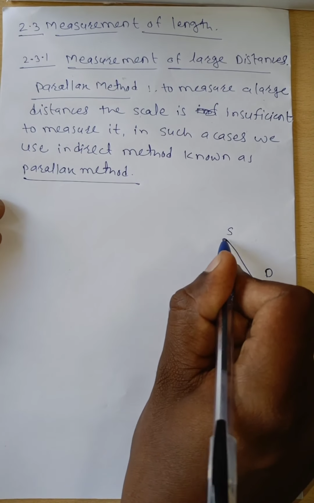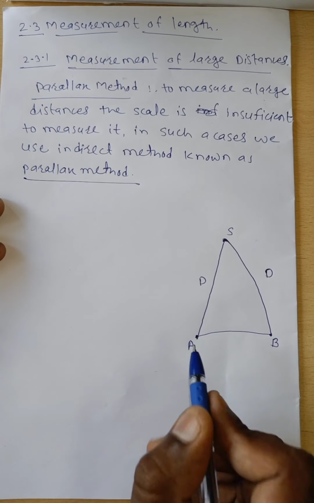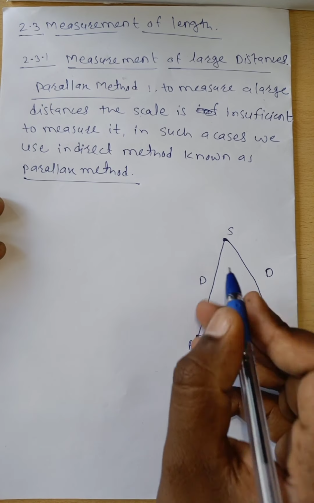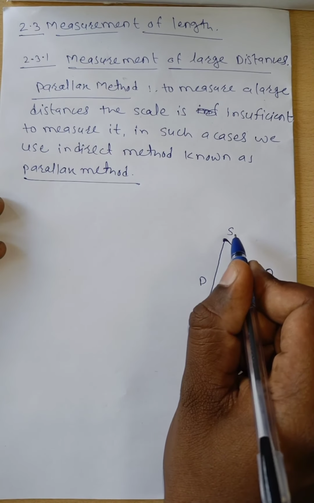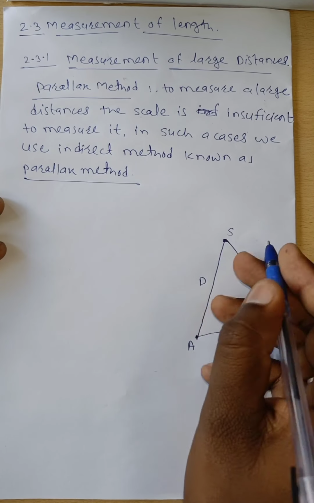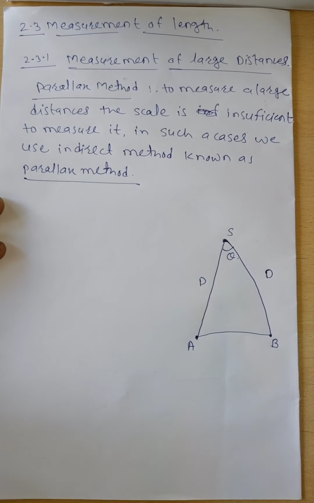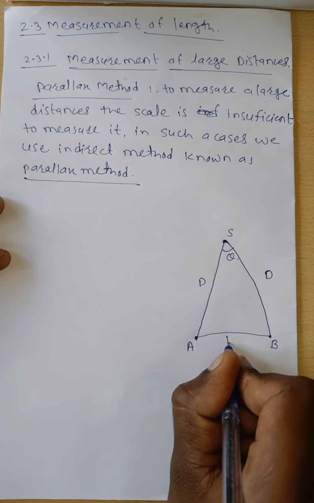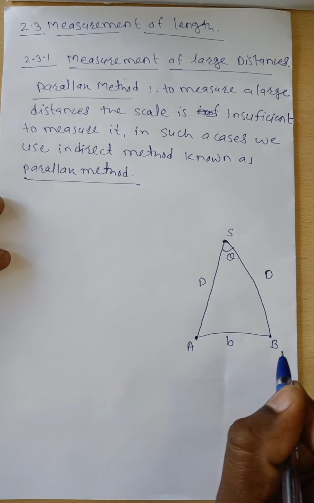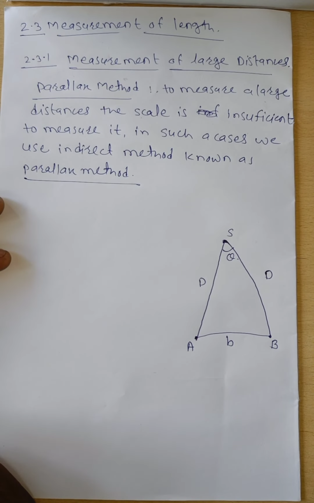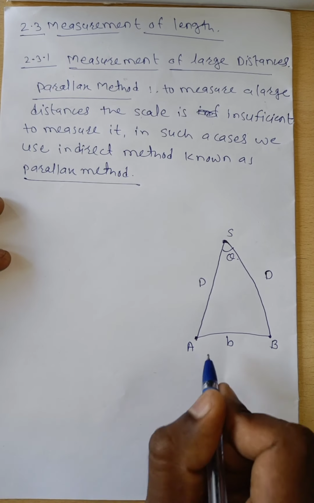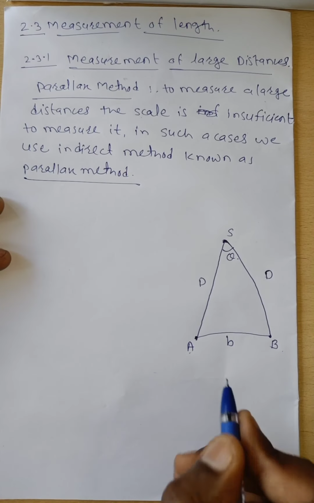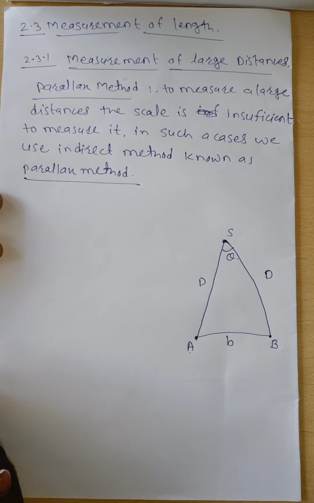Now consider a planet S which can be observed from the Earth from point A and from point B. Then the angle made at the planet is theta, and the distance between A and B is b. The points A and B are called the basis.